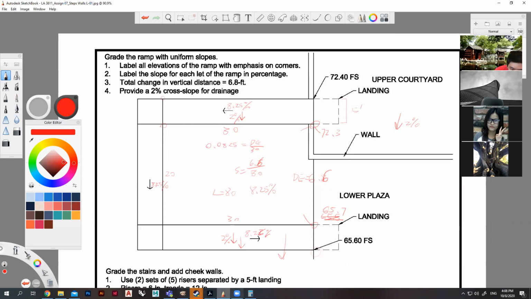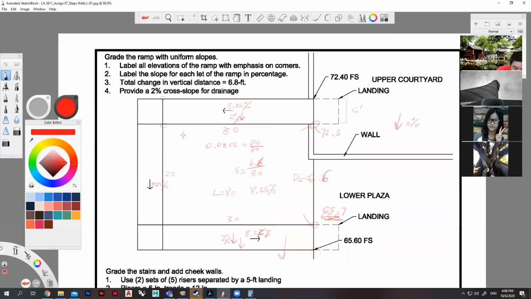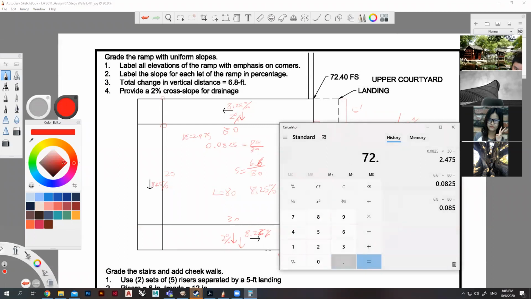So you multiply both sides by 30. 0.0825 by 30, you get 2.475 DE. To find these corners, this is going down, so you subtract them from the corner points. So 72.4 minus 2.475 equals 69.93.